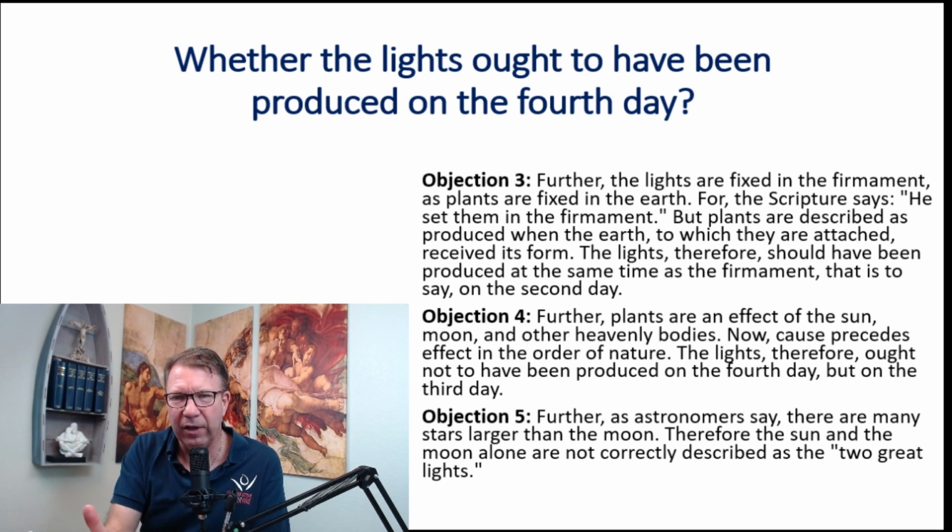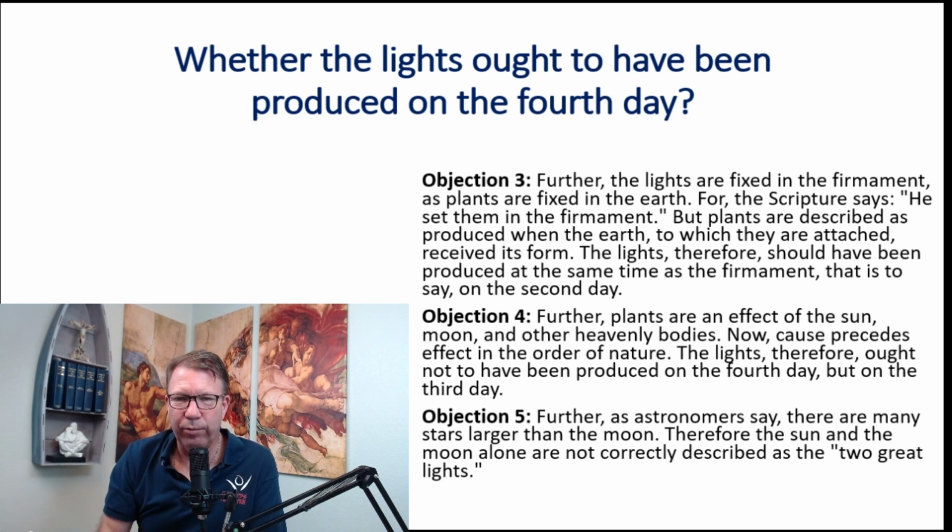So this argument is saying that if the plants were mentioned in day 3, why were the sun and the moon not mentioned previously when the sky was created, right? The lights, therefore, should have been produced at the same time as the firmament, that is to say, on the 2nd day. Okay, Thomas is going to actually answer that in the body of the question here in just a moment, so hang tight with that one.